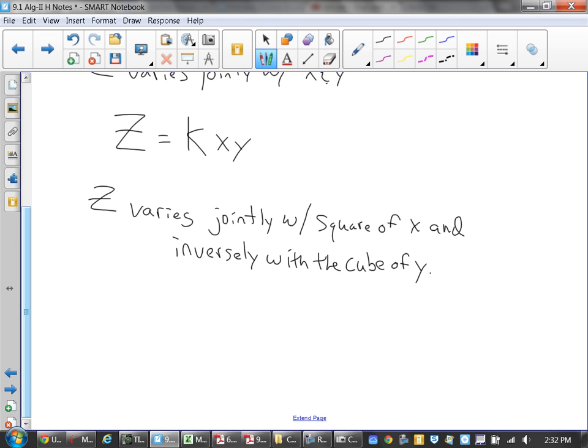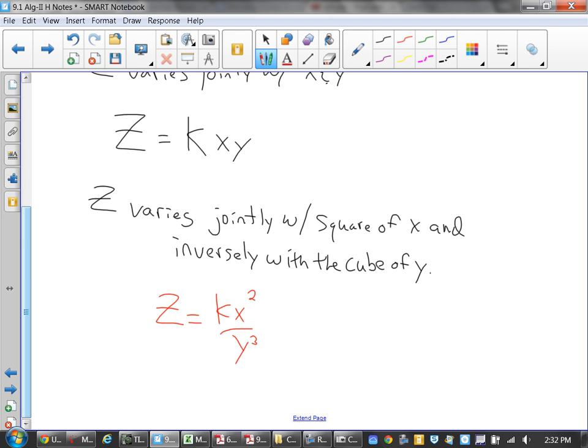Z varies jointly with the square of x. So z equals what? Kx squared over y cubed. That's all it is, guys. All right. That's all that is.